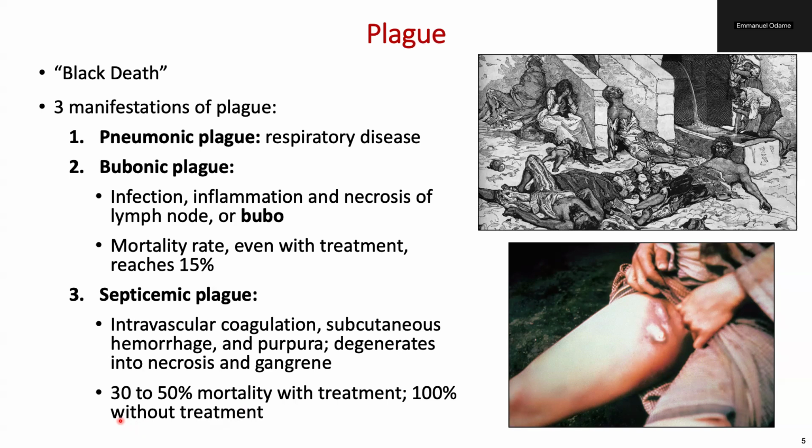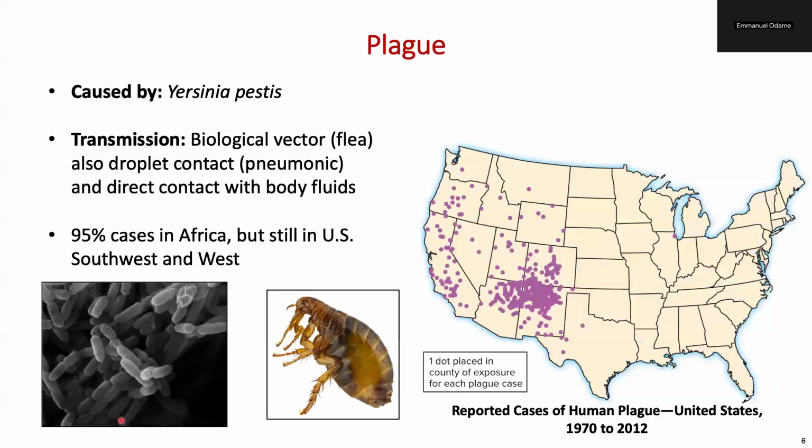The name Black Death came from a darkened color on your skin in symptomatic plague, which means there is black clot, and it will basically lead to death if there's no intervention. Death can occur within 2 to 4 days if no treatment is administered.